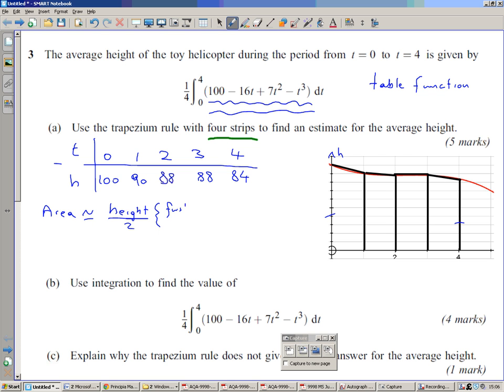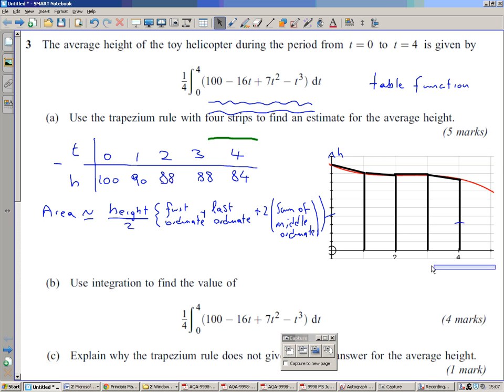First ordinate plus last ordinate, plus 2 times the sum of the middle ordinates. So we've got all of those numbers we know.